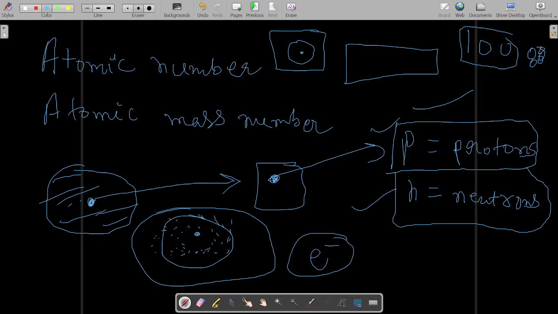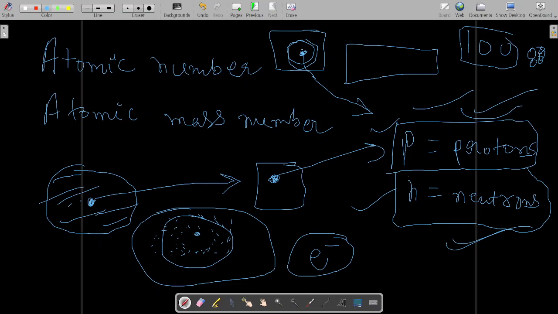If you look at the nucleus of that single atom which you have isolated from your ballpoint pen, and study its nucleus, then whatever nuclei you get in nature will contain only protons and neutrons, nothing else. No electron will be there in the nucleus. Nucleus will always comprise only two things, protons and neutrons.